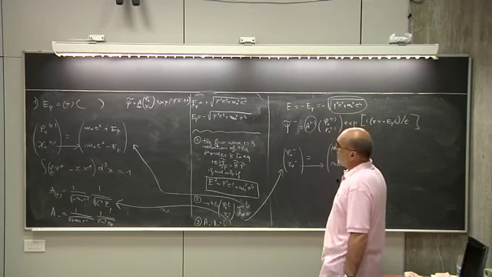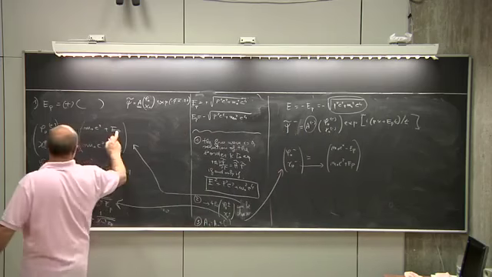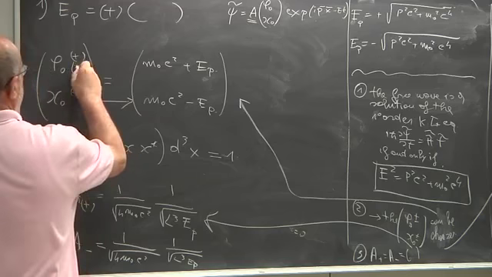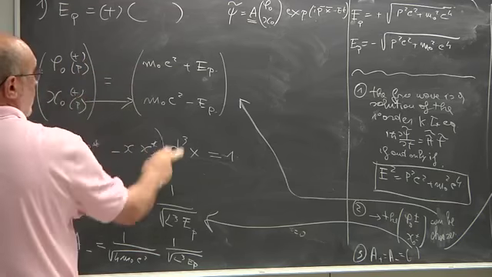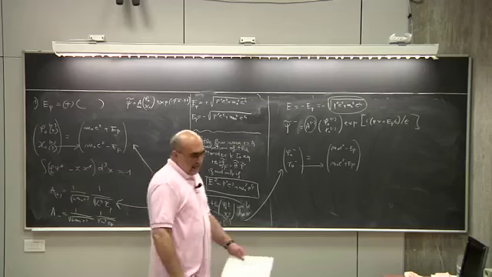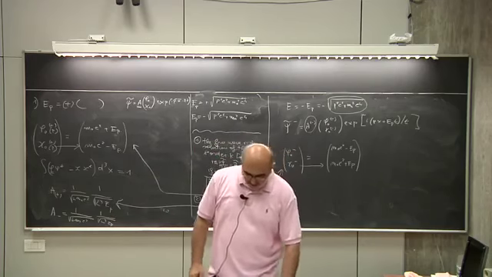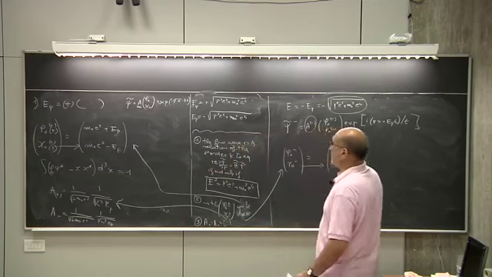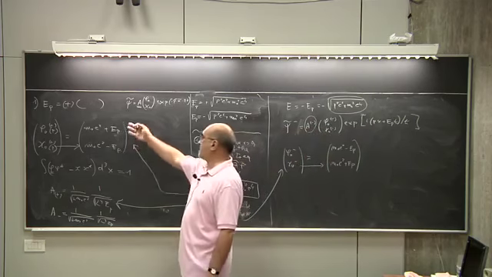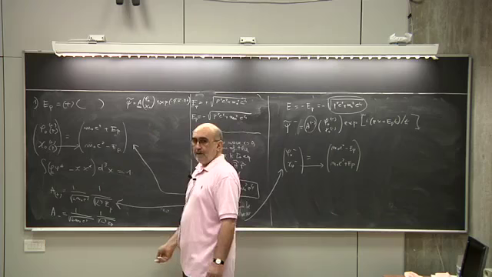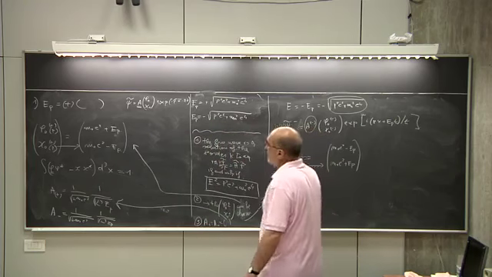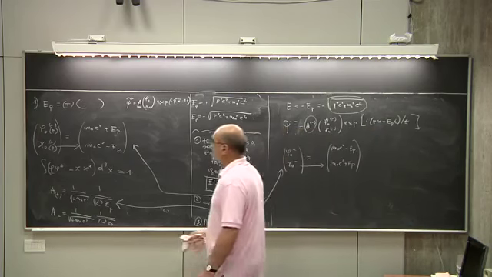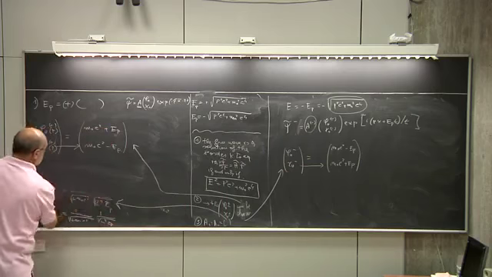Now, note that phi 0 and chi 0 depend on E and actually E and P, so they depend on P. These are functions of P, a particular function of P. The important thing is, of this free wave, if I take the non-relativistic limit, I mean, nobody can remember this expression. So one important thing is, if we take the non-relativistic limit, what do we get? I will cancel this for the moment. Just keep this.